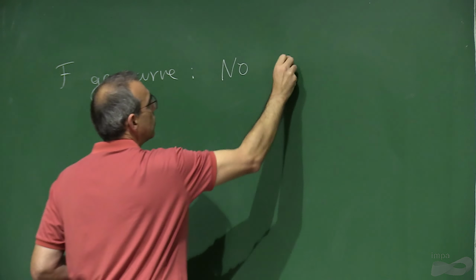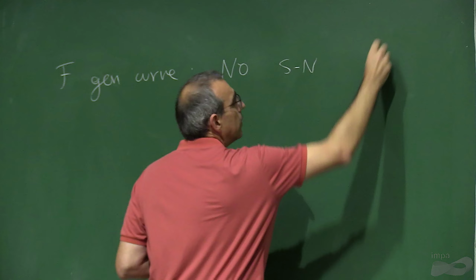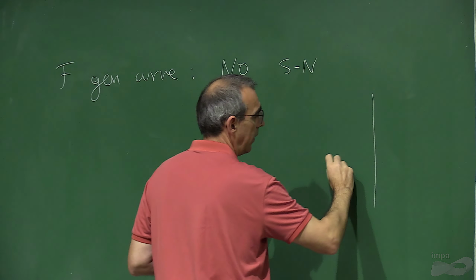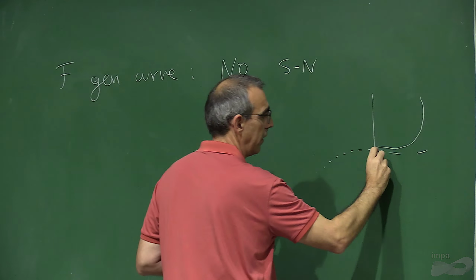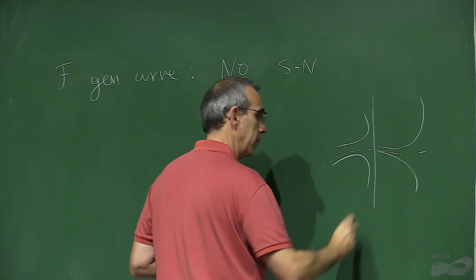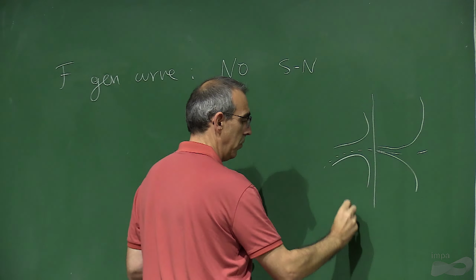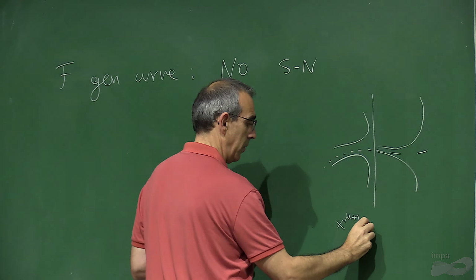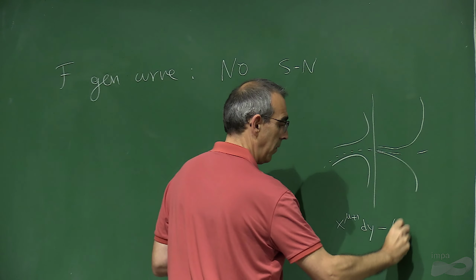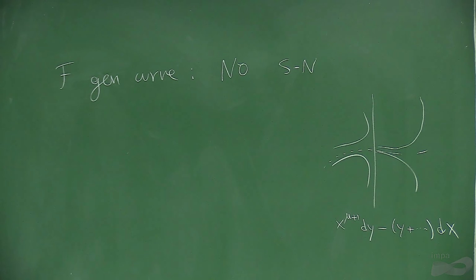no saddle node. A saddle node is like, given, for instance, x mu, an equation like that.